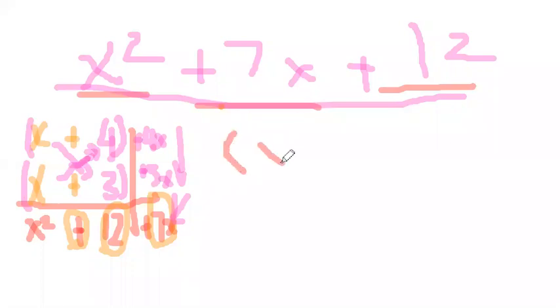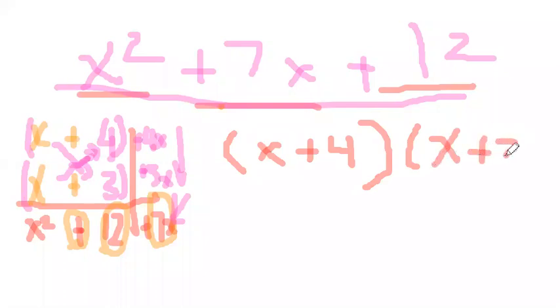So x plus 4 times x plus 3. That's how we factorized the equation.